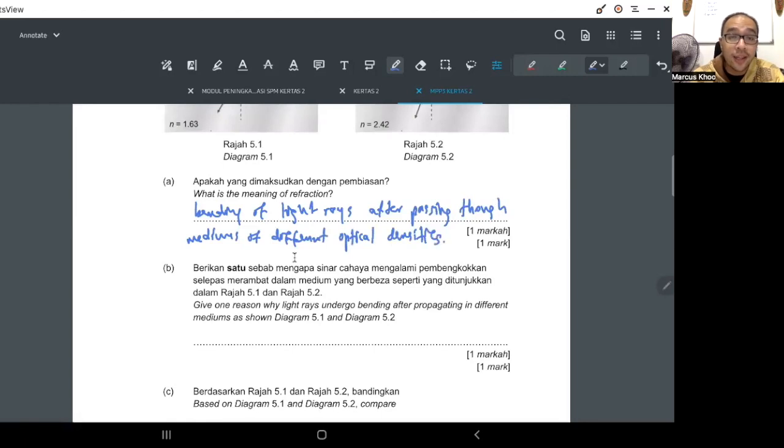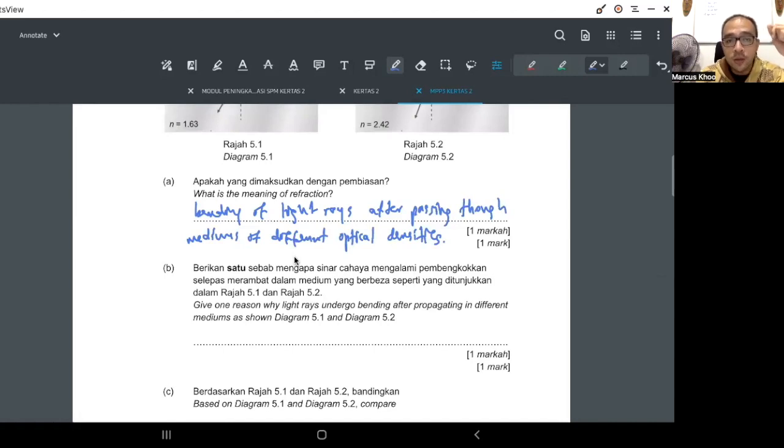Okay, this is for light refraction. If it is light refraction, then you need to talk about different optical densities. But if it is just general wave refraction, then we just say different densities. We don't really say different optical densities.